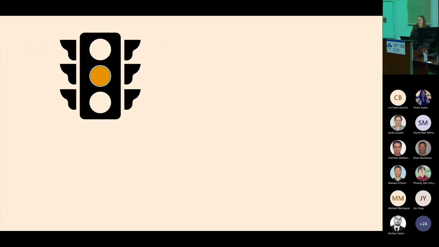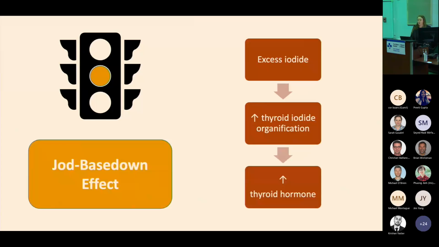However, we need to remember that you need to be aware of the Jod-Basedow effect that we talked about earlier. As we discussed, a significant iodine load, especially in individuals who are iodine deficient or have toxic nodular goiter, may upregulate the production of thyroid hormones. For this reason, it is imperative that you provide the antithyroid medications prior to giving the iodine.